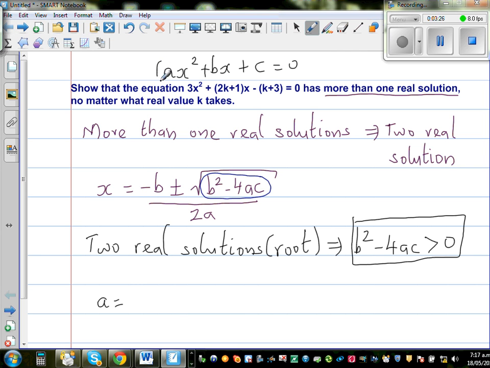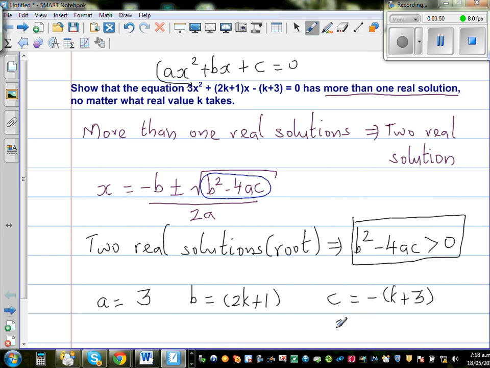When you compare this with our equation, a is 3, b is 2k plus 1, and c is minus (k plus 3).